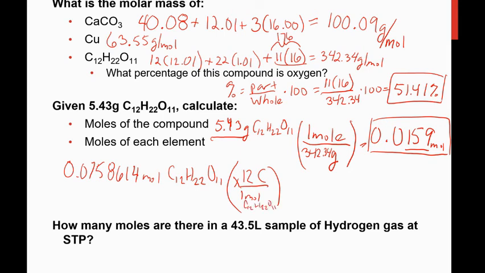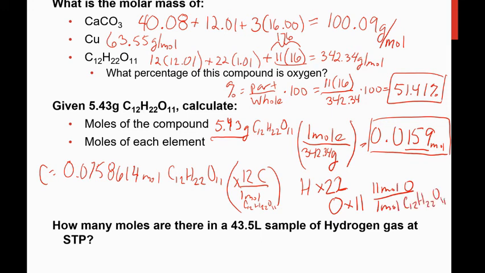So that's for carbon. If I wanted to figure out for hydrogen, I would multiply by 22 because there are 22 moles of hydrogen for every 1 mole of compound. And if I wanted to do oxygen, I would do times 11 because there are 11 moles of oxygen for every 1 mole of compound.